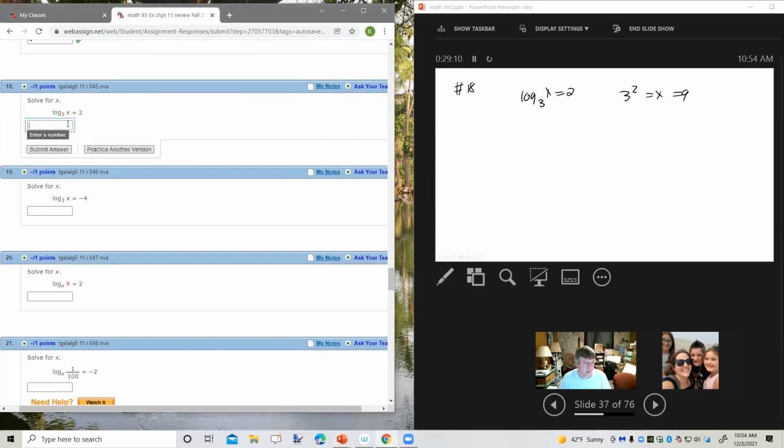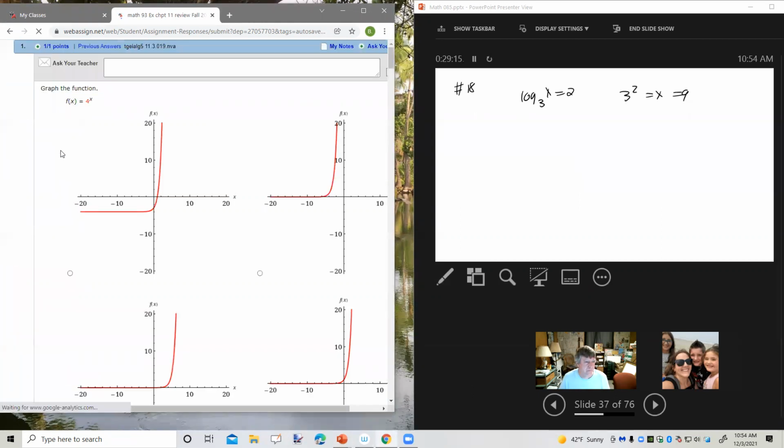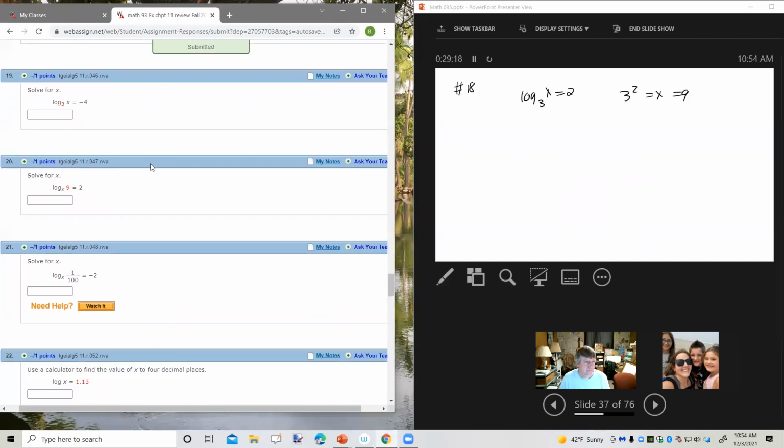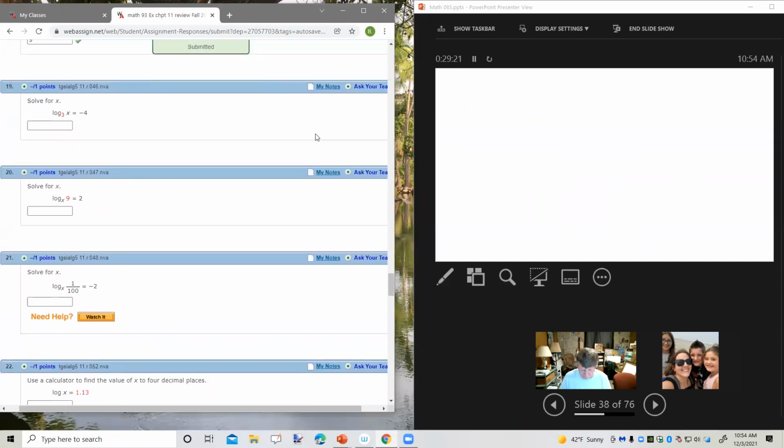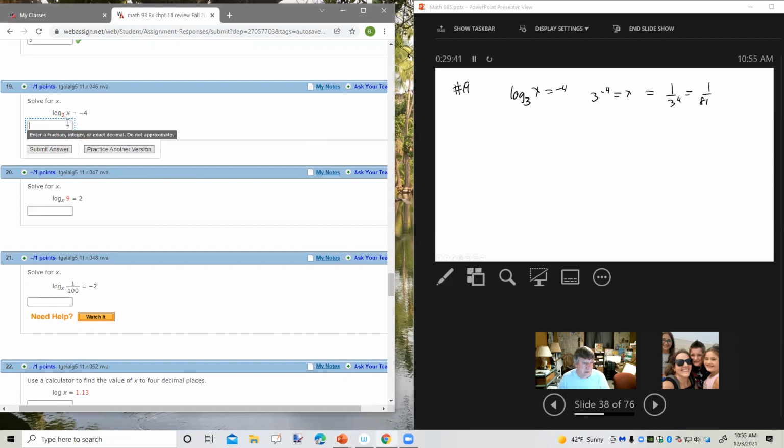Changing it into an exponential equation. 19, log base 3 of x equals -4. 3 to the -4 equals x, which is 1 over 3 to the 4th, which is 1 over 81. 3 times 3 is 9, times 3 is 27, times 3 is 81. So 1 divided by 81.